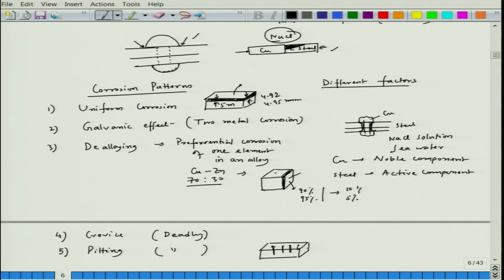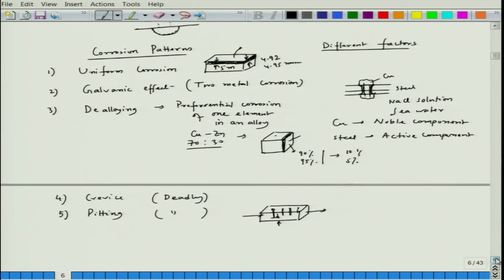Actually, if this is the load carrying body, the actual load is carried by the smallest cross section. So, you are not able to see how far that pit has moved in, but you would see that suddenly the material breaks down. Okay. So, this is what happens in case of pitting. Pitting can happen on the flat surface also. Even if it is a microscopically smooth surface, pit can happen. So, that pitting is also an extremely important corrosion form.